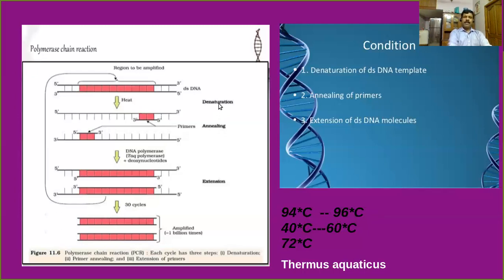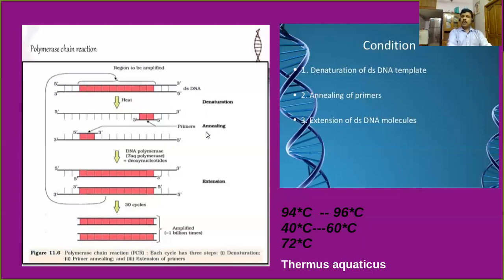Dear children, denaturation means the unwinding of double-stranded DNA and the conversion of double-stranded DNA into two single-stranded DNA. This is called denaturation, and it occurs at which temperature? 94 to 96 degrees Celsius.